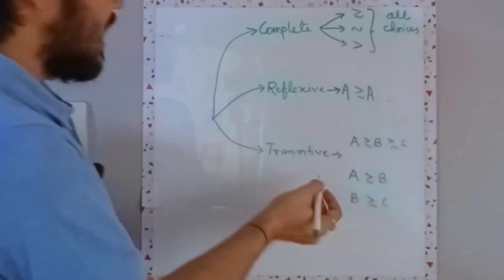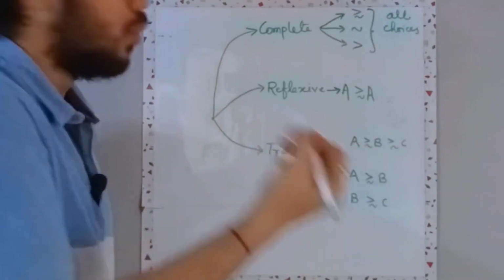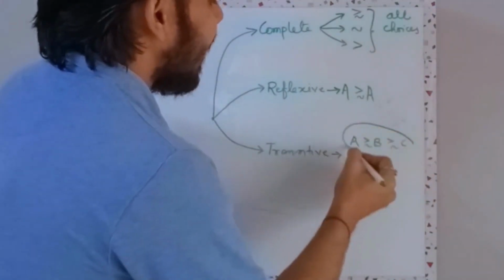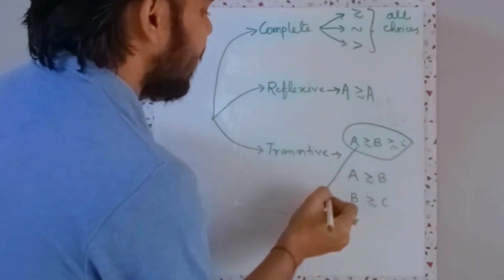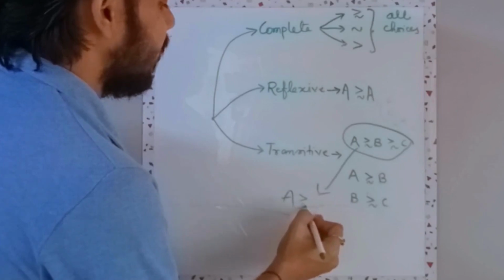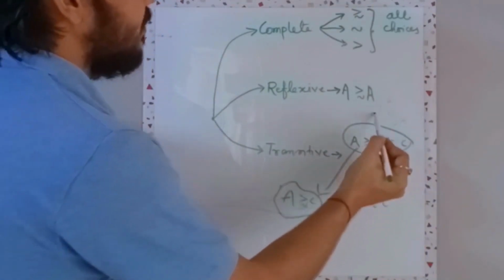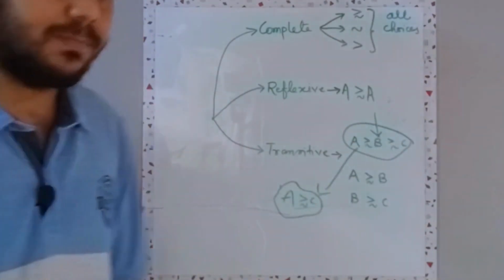And if the transitive property or axiom holds, then I can write this directly as A weakly preferred to C. So what I have done is pretty simple: I have removed the intermediary, right?